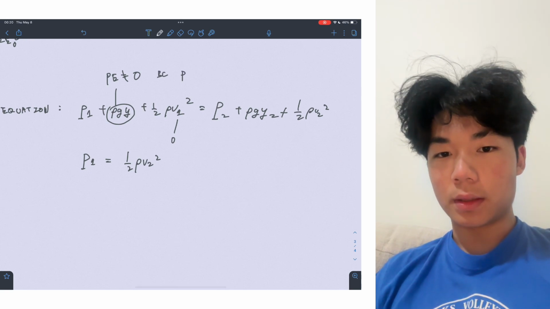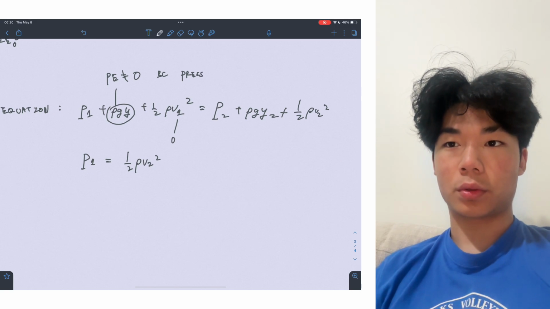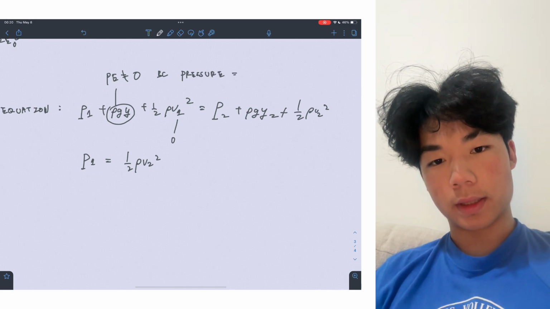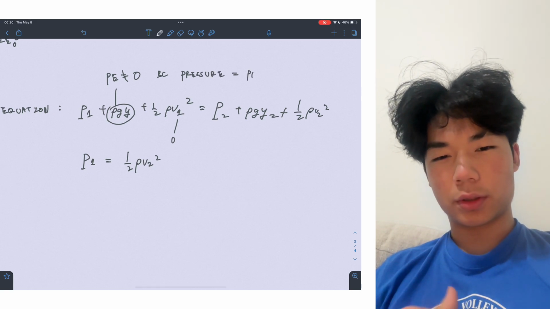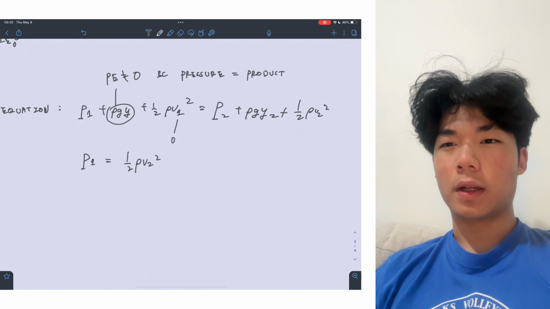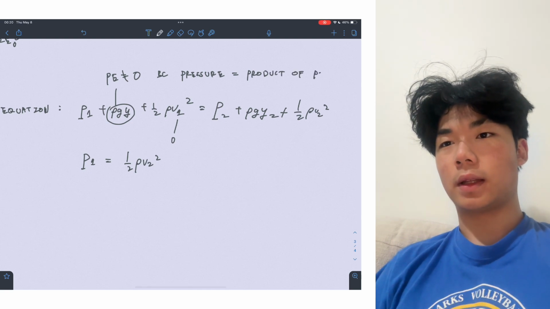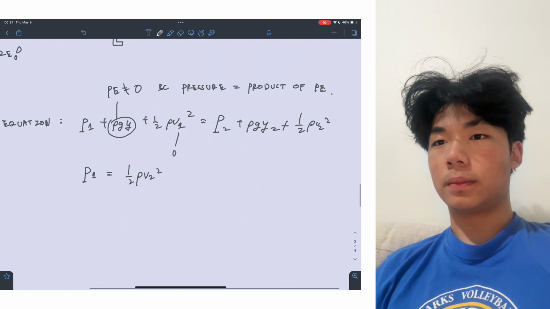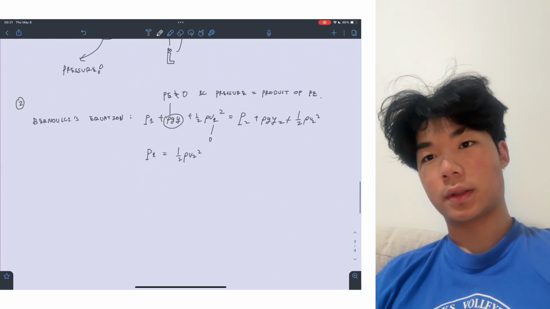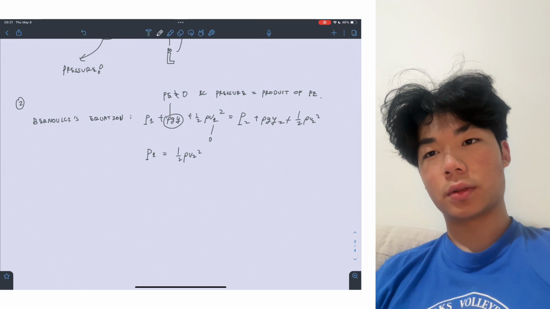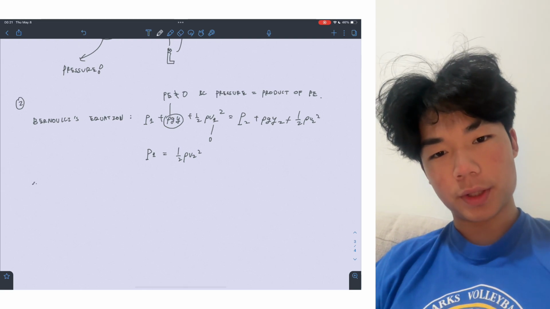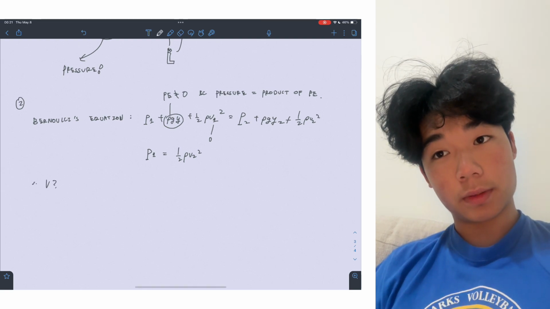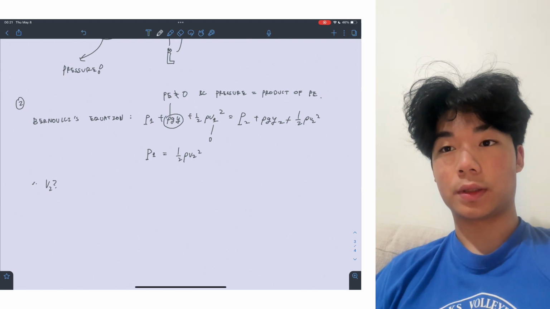Rather, the P is the source of the velocity of the water that goes out of the water gun. So I said pressure is the product of the potential energy. The pressure exists while the kinetic energy doesn't exist yet.